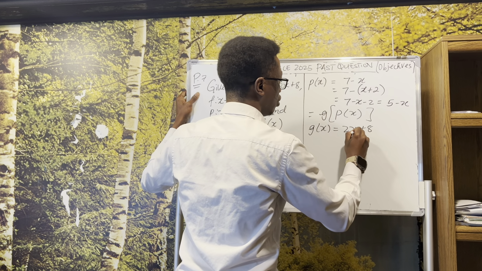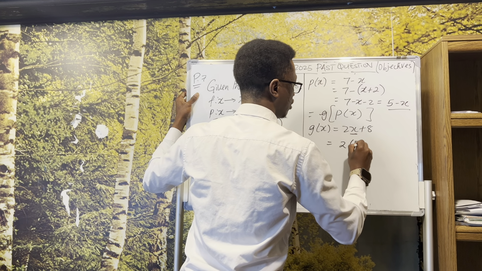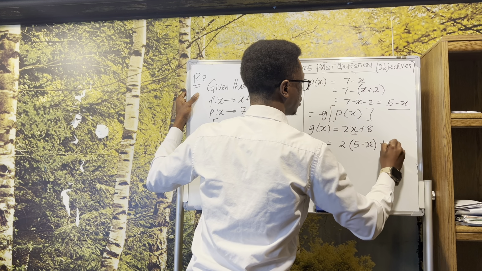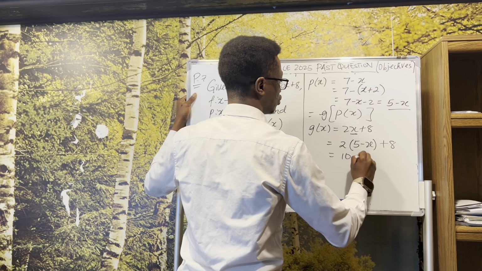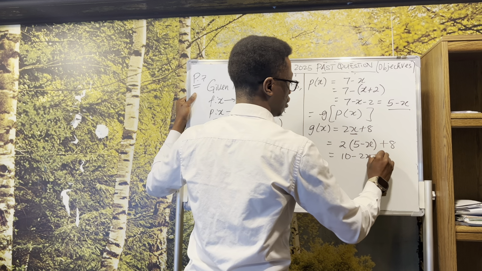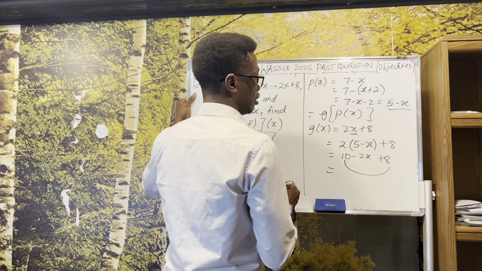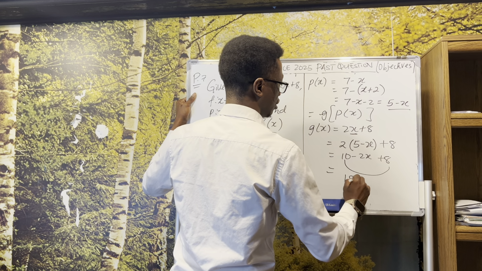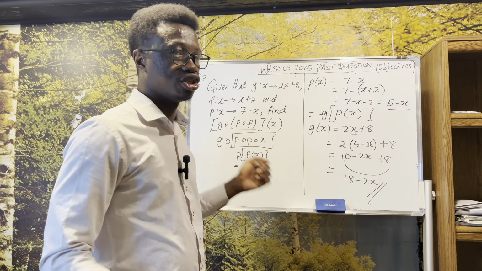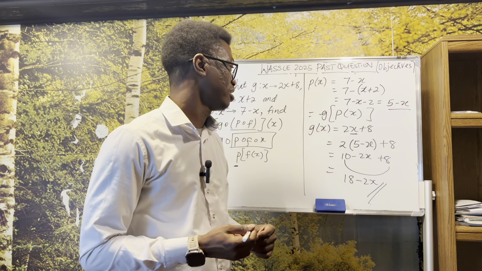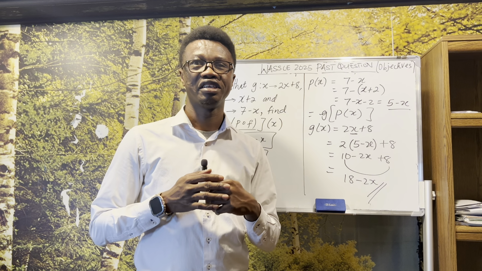So this becomes 2 times (5 minus x) plus 8, which is 10 minus 2x plus 8. We add them and it becomes 18 minus 2x, which is your answer.